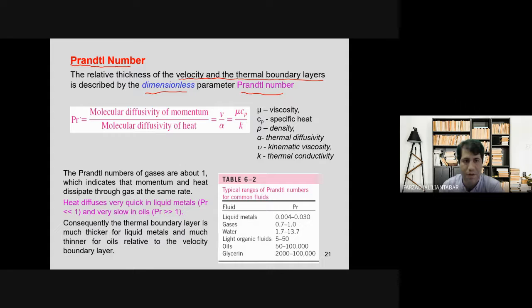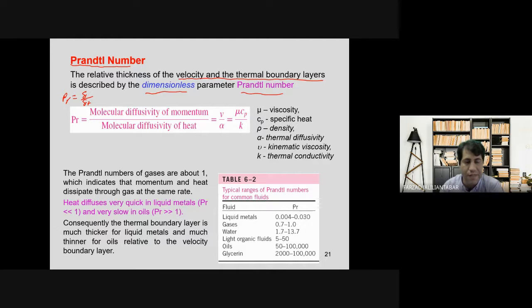So simply Prandtl number is delta divided by delta T, or this is Pr. If you want to show this delta to delta T, like this. And you have seen in the previous slide how we can calculate that.